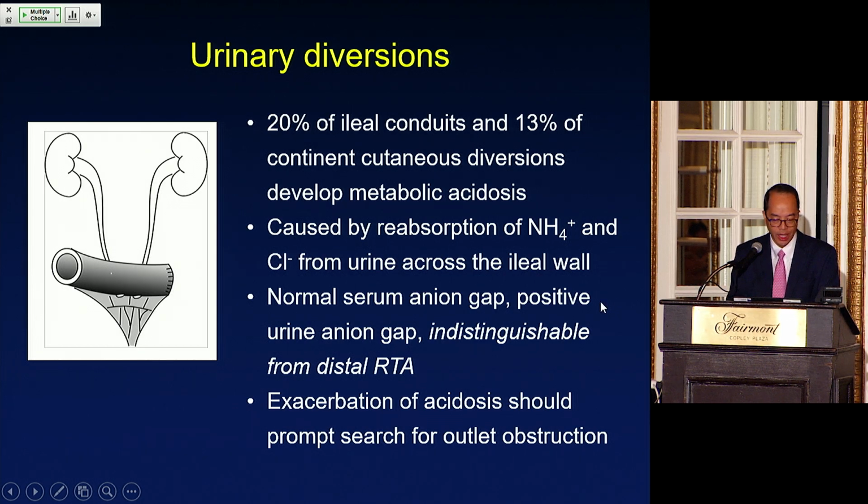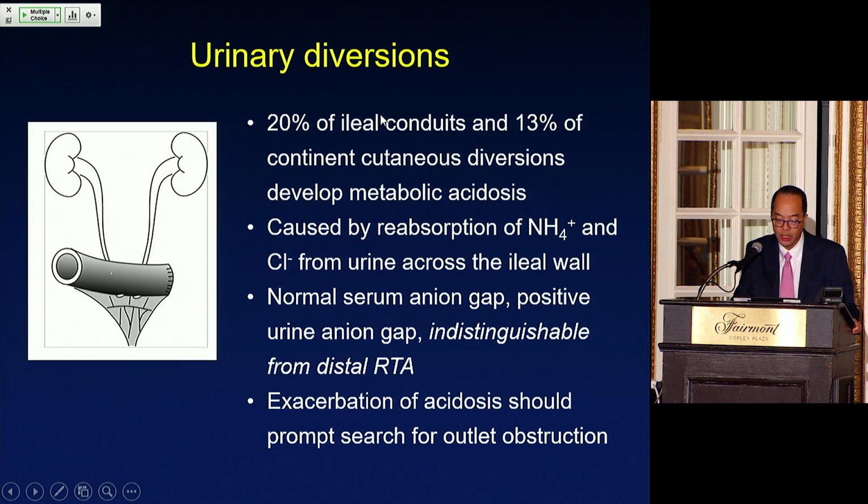Moving away from RTAs, a word or two about urinary diversions. As many of you are aware, urinary diversions formed from intestinal segments in patients who have bladder surgery can cause a metabolic acidosis. The reason is that the intestinal wall doesn't handle acid the same way as the bladder, which is essentially impermeable.